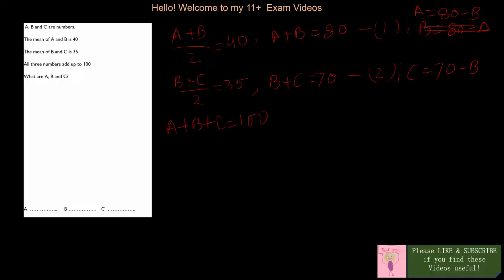So C equals 70 minus B, and A equals 80 minus B.